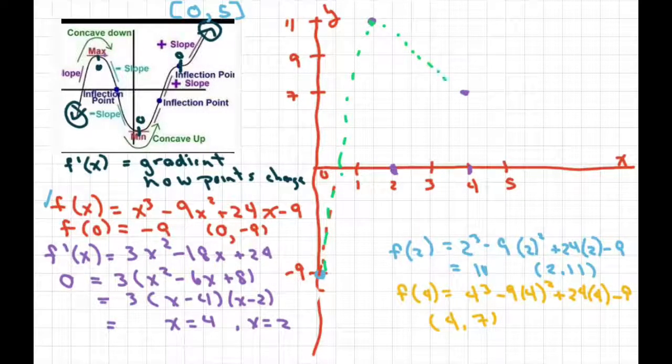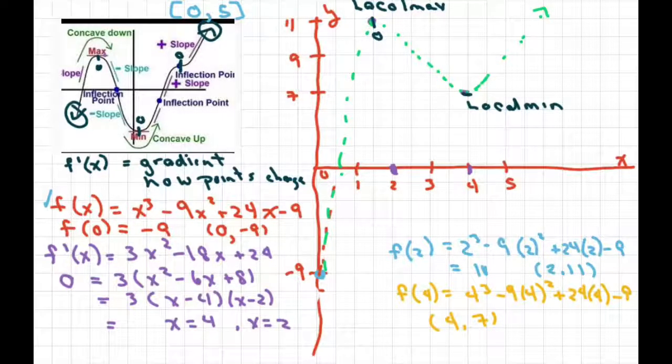It's going to come back down here and probably go back up here, because you have to have 2 turning points. So this one would be your local max stationary point. The gradient is 0 here. And this one would be your local minimum.